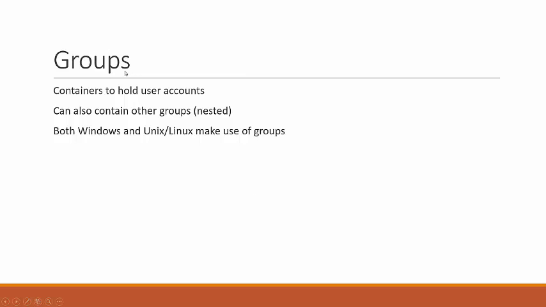Groups are just containers. And strictly speaking, they're meant to hold user accounts. So I can take 10 user accounts, let's say, that all need to do the same job, throw them in a group, and then assign permissions to that group, and it bleeds down to all of the users inside of that group. Right? Let's say I got an HR department with 15 employees, and they need access to these very sensitive HR documents out on this file server.